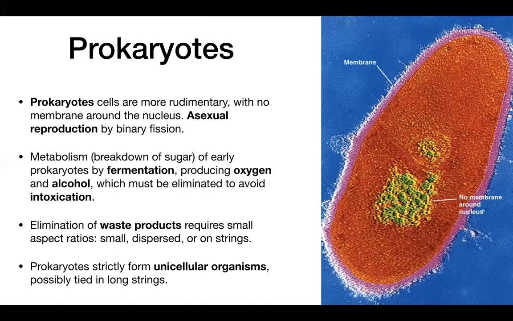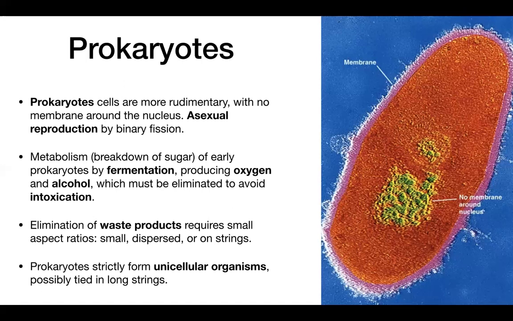Anaerobic cells cannot afford to deploy energy resources on the maintenance of specialized organelles, including a nucleus. Prokaryotes need free space around them, as crowding interferes with the movement of nutrients and water into and out of the cell. They also require space for the elimination of toxic waste products, alcohol, and in the early photosynthetic organisms, oxygen.